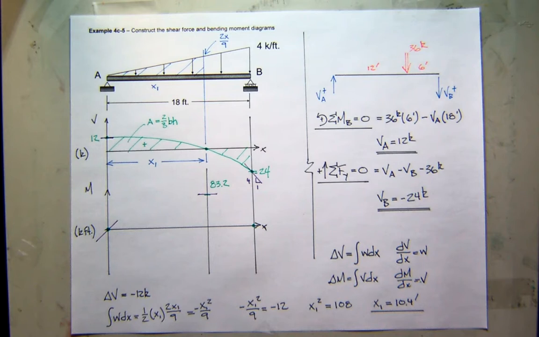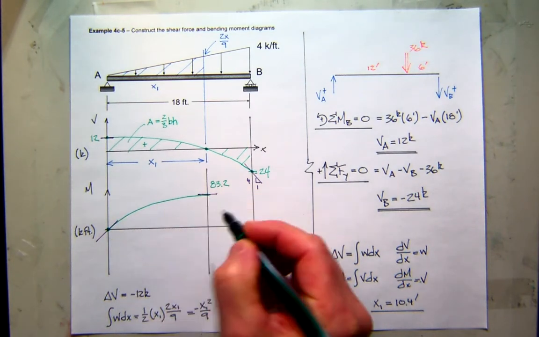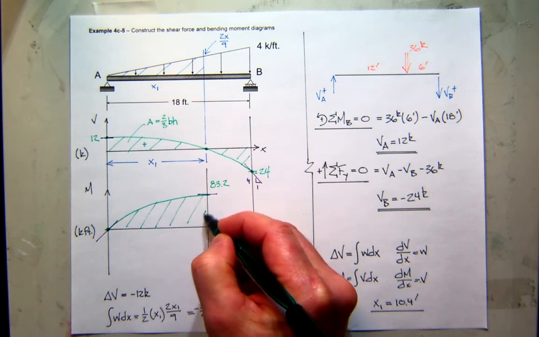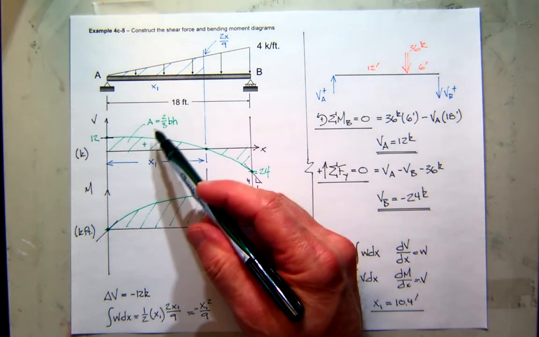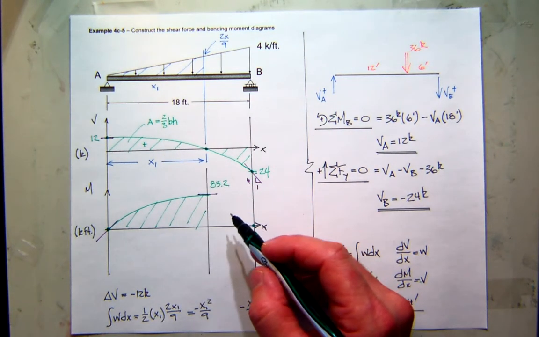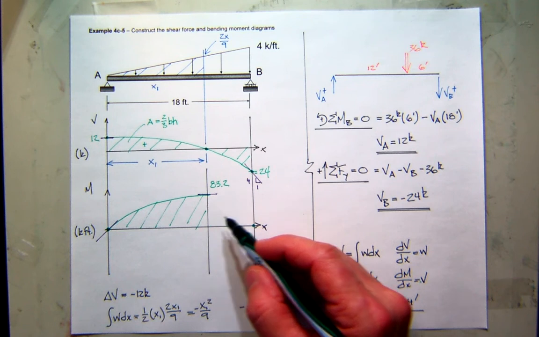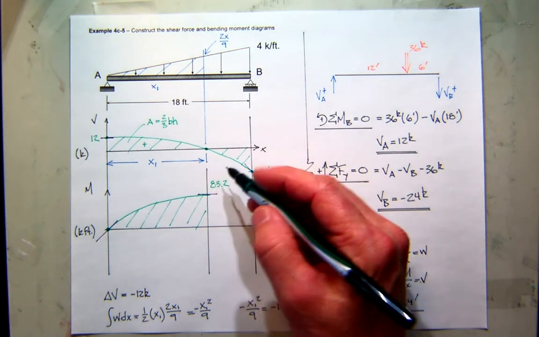So I can kind of sketch in what the cubic part of this curve would look like. So far, so good. It is a little bit of a stretch because you'd have to know this parabolic section area. But now the problem becomes what's the change in moment from 10.4 to the end of the beam at 18? What should be the area of this part of the curve?